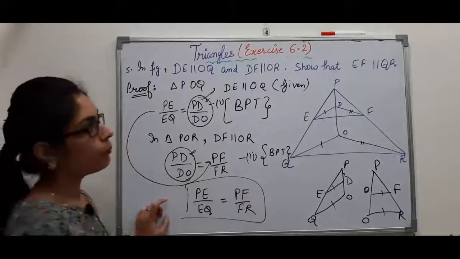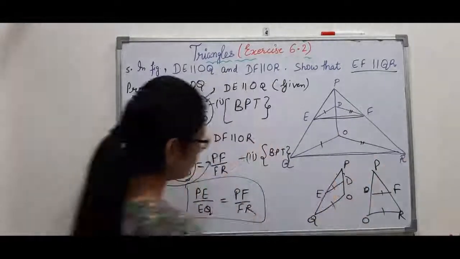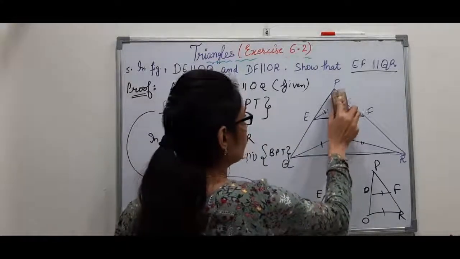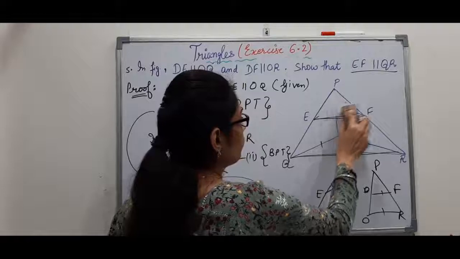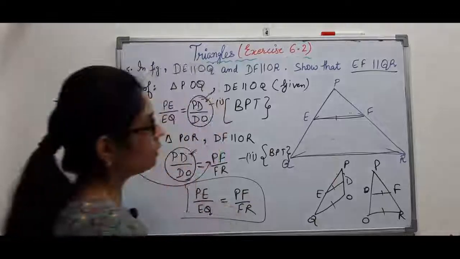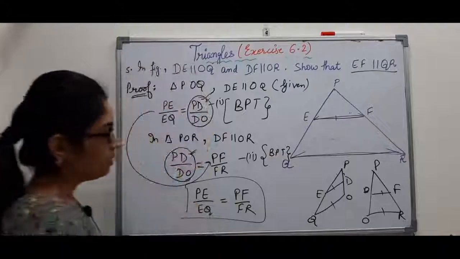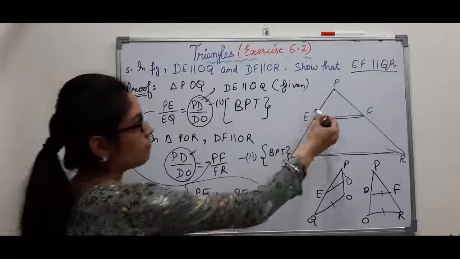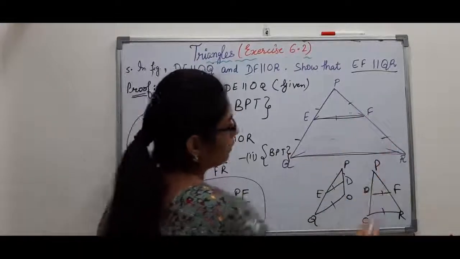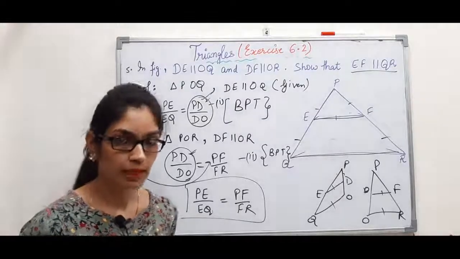But what we have to show? We have to show that EF is parallel to QR. Now if you see the bigger triangle, I'll just draw this. Everything I will remove now because we have already done it. Suppose only this triangle is there and you have to prove EF is parallel to QR. So if you see this triangle, now you can see PE upon EQ equals PF upon FR. We have done the other theorem also, the converse of the basic proportionality theorem.